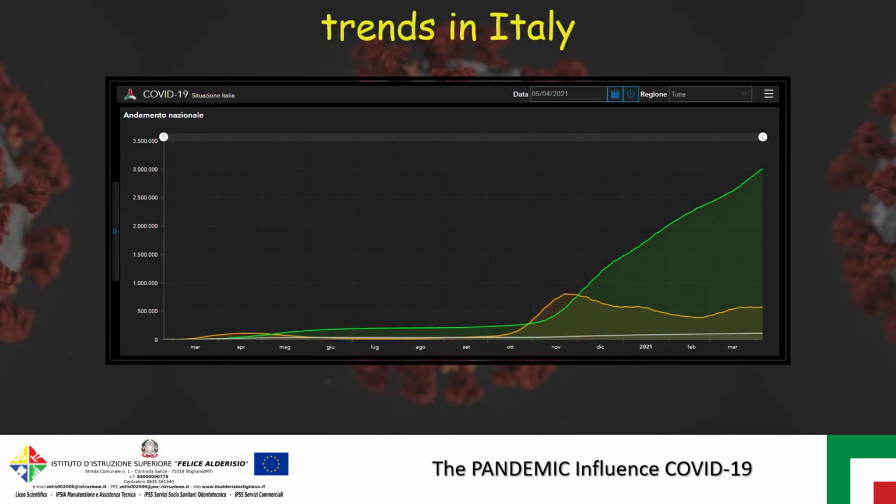Regarding the trends in Italy at the moment, the number of infected is about 500,000. The number of deaths is about 100,000, and the number of ill is about 3 million.